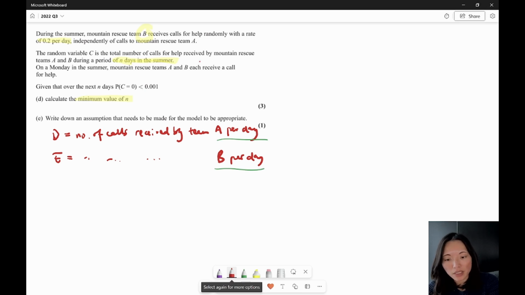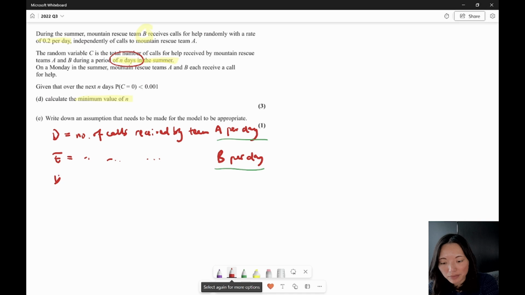But the question is asking us about N days. So how do we get the distribution and the parameter for the calls per N days? Now, you need to know that for a Poisson distribution, if the events are independent of each other, we can simply multiply the number of calls per day by the number of days. Therefore, I'm going to call some new variables again.